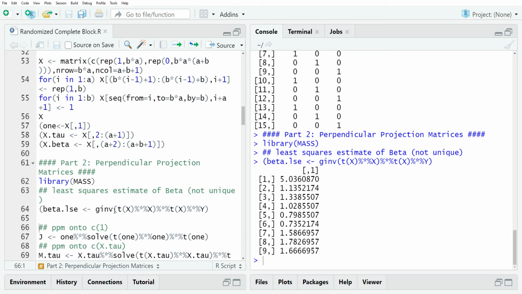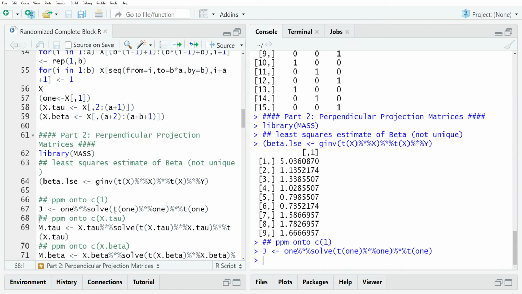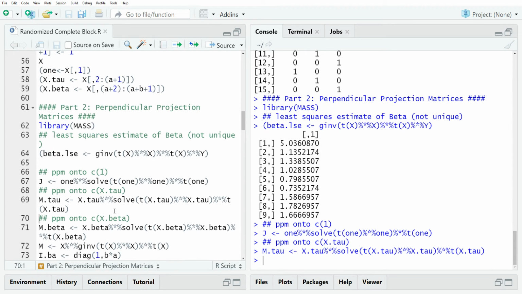So then to create a perpendicular projection matrix, we take the vector times transpose vector. So for instance, X transpose X inverse X transpose. But with J, there's just one column. And then M tau is the perpendicular projection matrix onto the column space of X tau.